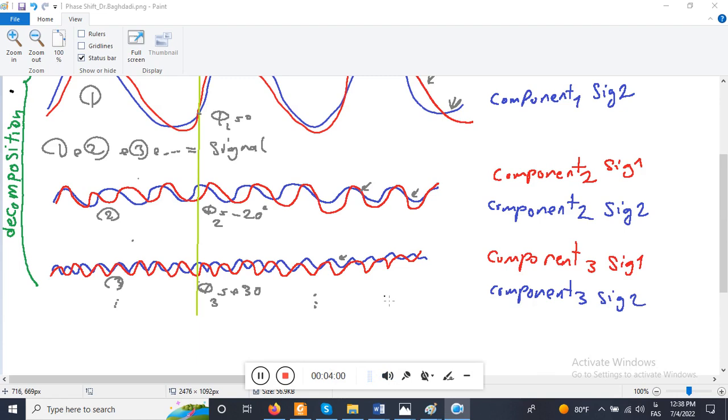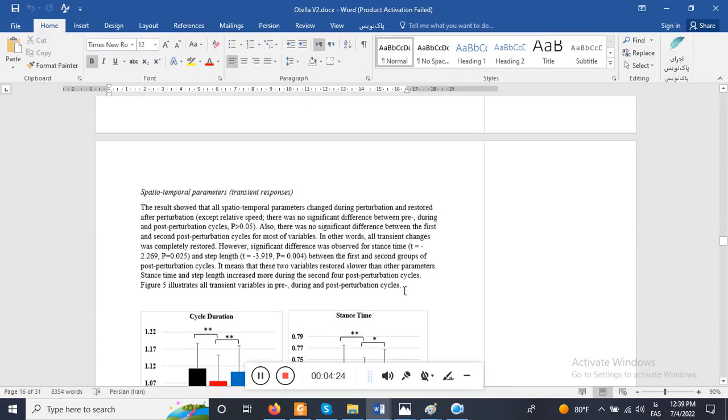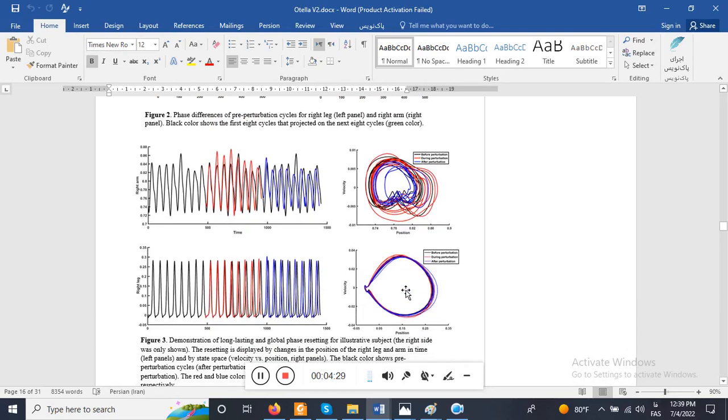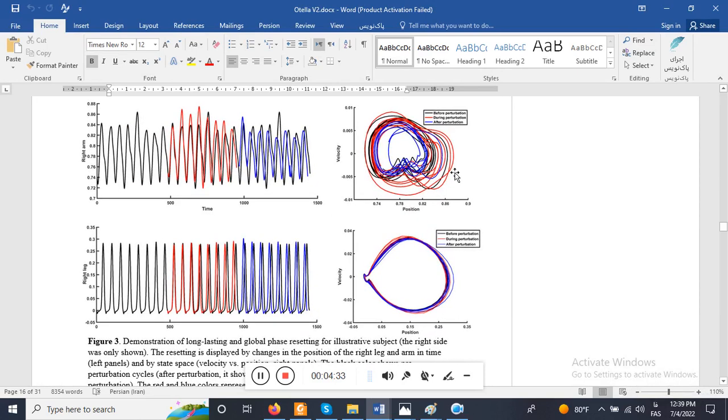When a signal has more components, it is less harmonic. And when a signal contains only one frequency, it is a single harmonic periodic signal. Here, for the legs and hands, we see in this figure that the hand signal is less harmonic.